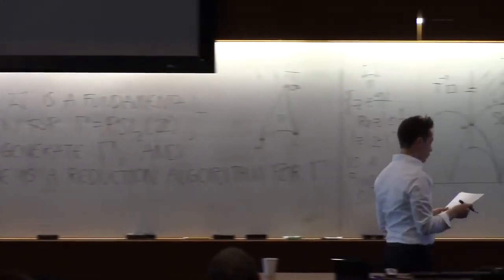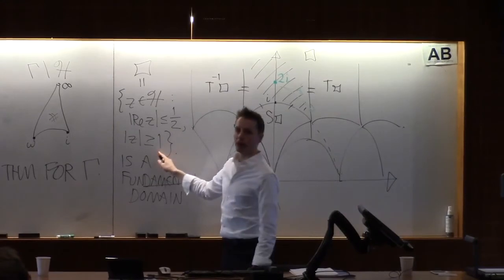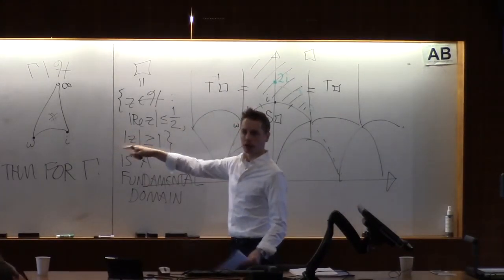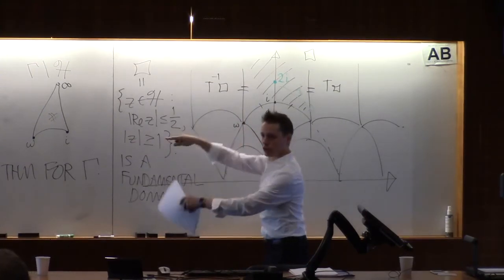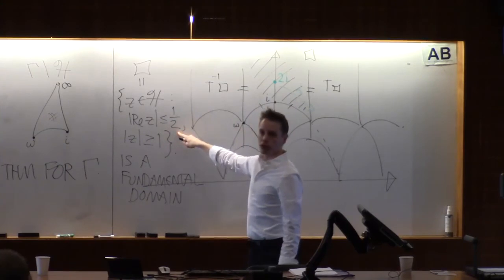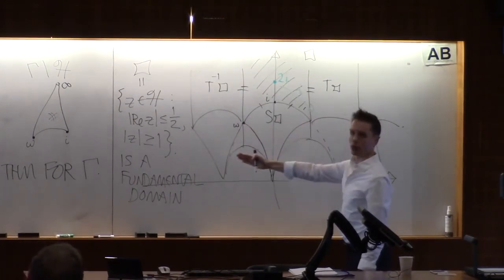So what do we do with the z1? Well, we'd like to move it back to the fundamental domain. That's what this allows us to do, the duality between the picture and the generator. How do we move to the fundamental domain? First of all, I should at least ensure that the real part is between minus a half and a half. I can accomplish that by translation, by an integer.